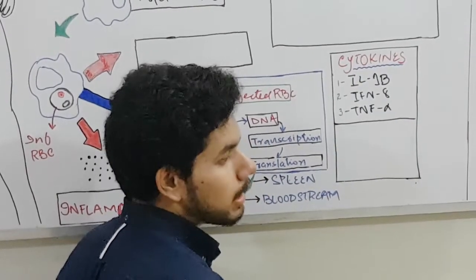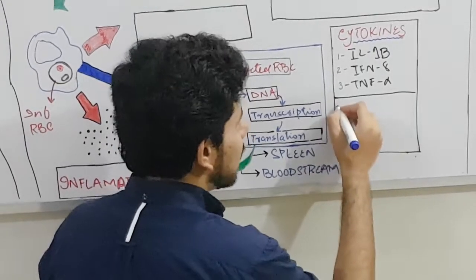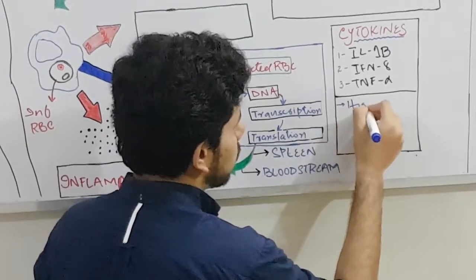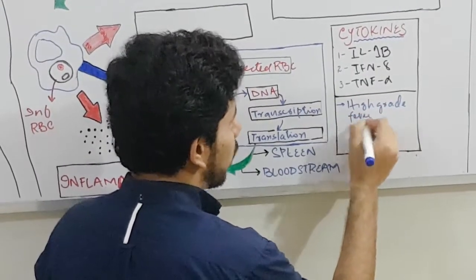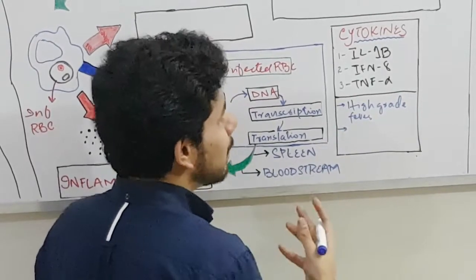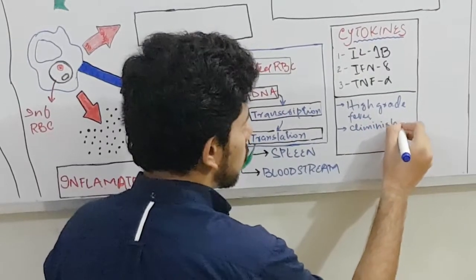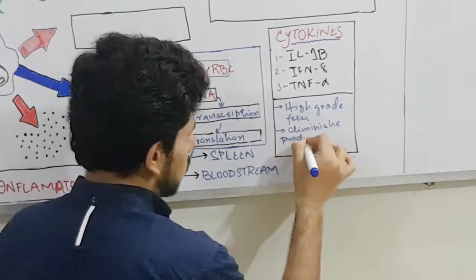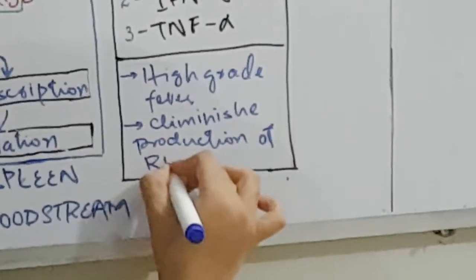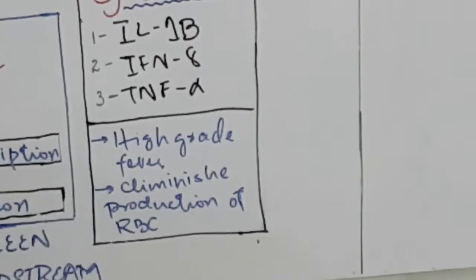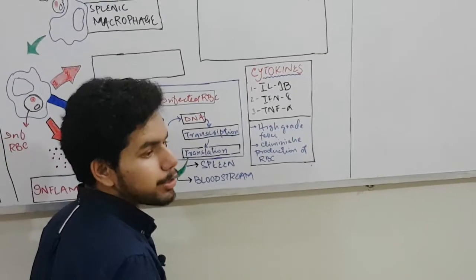These cytokines are the main reason for the pathogenesis in malaria, which includes high grade fever. They also diminish erythrocyte, or red blood cell, production. So they diminish production of RBC. They also produce some poisonous nitrogenous species which cause tissue damage.